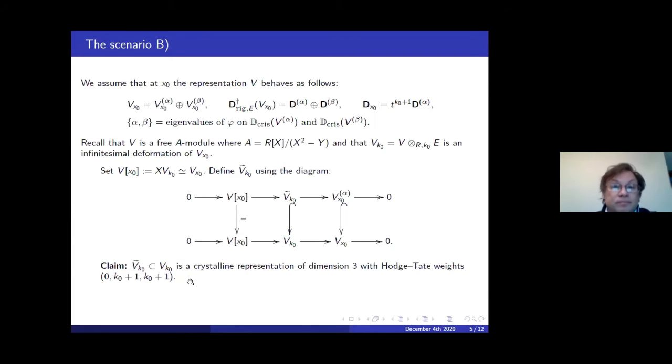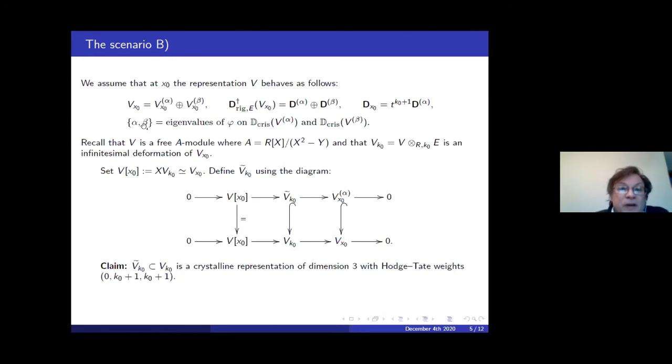So we assume that we are in case B. Again, this means that the specialization of our big representation at x0, at the center of affinoid X, decomposes locally as a local Galois representation into the direct sum of two one-dimensional representations.